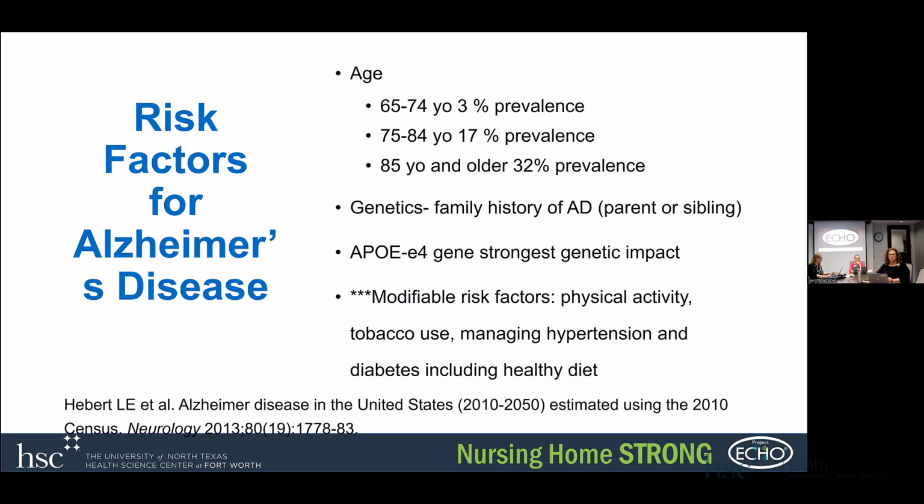So some people may have heard of the ApoE gene risk factor, and as when you look at genes, there's different alleles, and the ApoE gene has different alleles. Basically, you can have 6 different alleles. The ApoE4 is the strongest risk factor for having Alzheimer's disease.